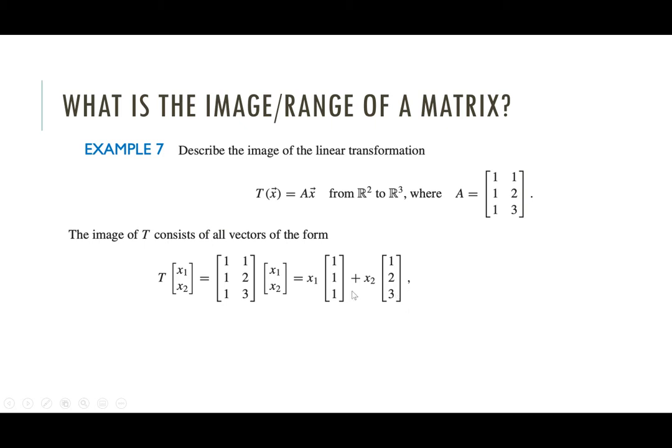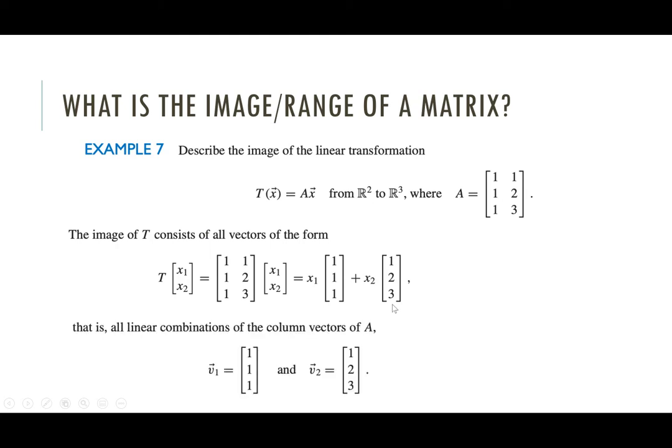Here it looks like we have to look at all of the multiples of the vector 1, 1, 1 added to all of the multiples of the vector 1, 2, 3. Another way of saying this is just all linear combinations of the column vectors of A.